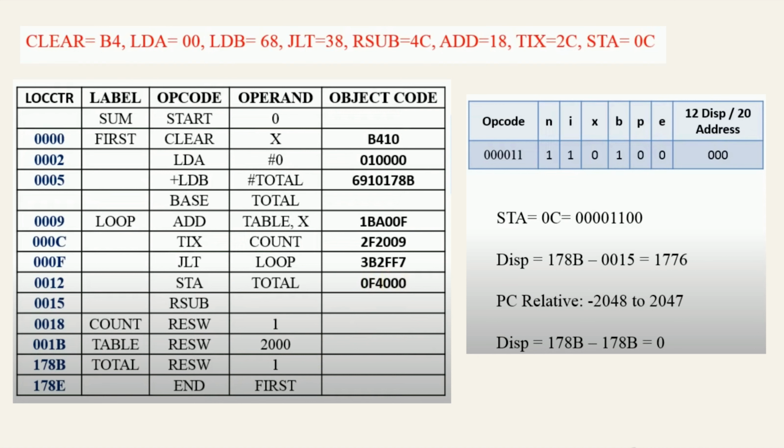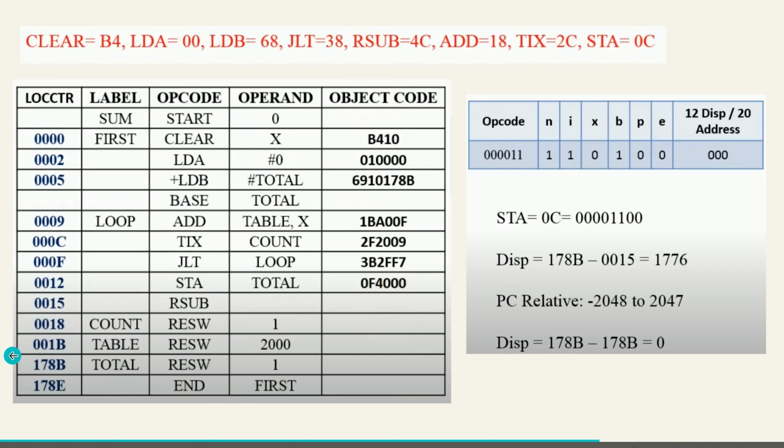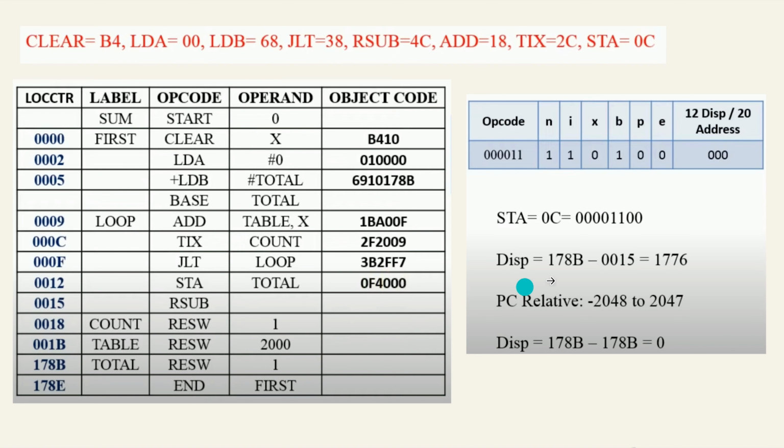Okay, so now we have to calculate displacement. What is the formula for that? Target address minus base counter value, correct? What is the target address for total? Total's target address is 1788. And what is the value in the base register? I had told, right?